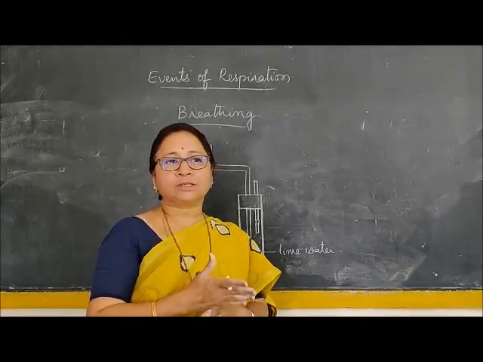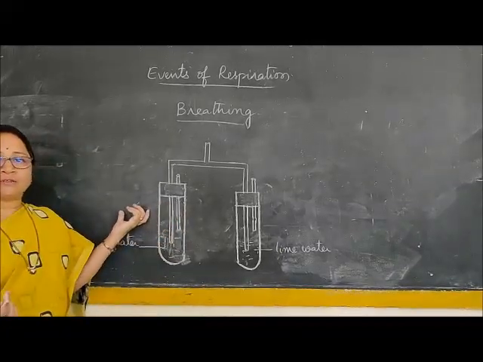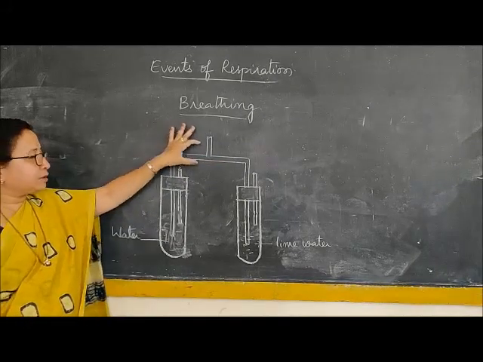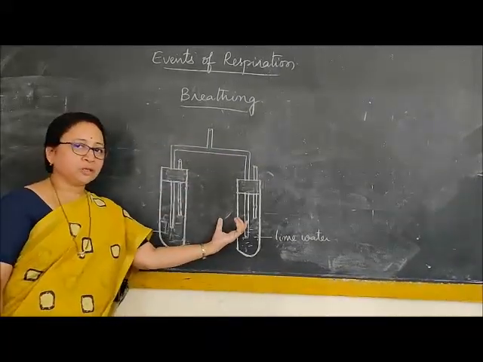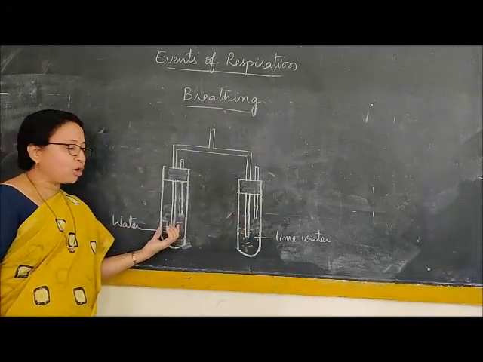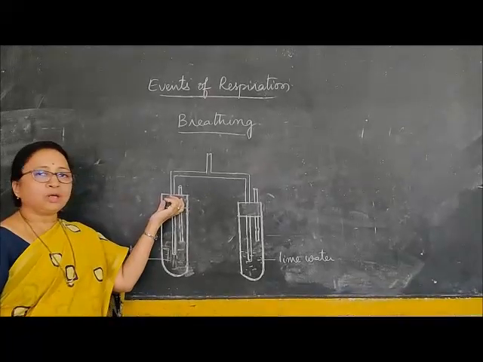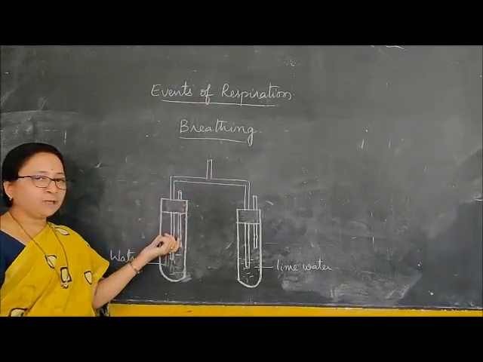To prove this, let us conduct one small activity. In the form of an activity, let us learn. Take a side-bend tube as shown in the picture. Take 2 test tubes. In one test tube take water and in the other test tube take lime water. Take 2 cork rubber stoppers and arrange the tubes in such a way.